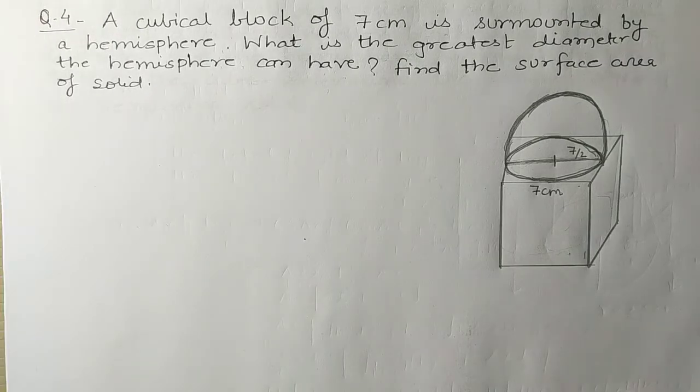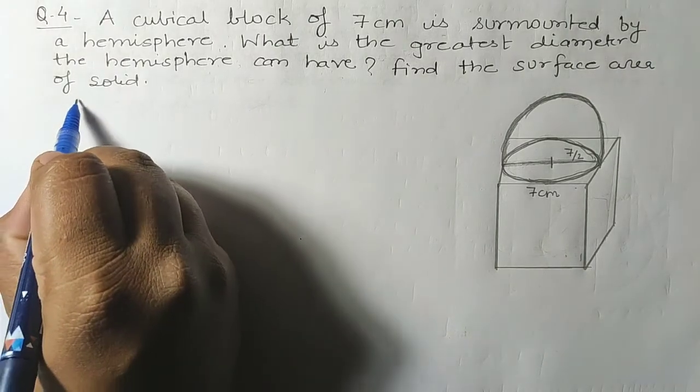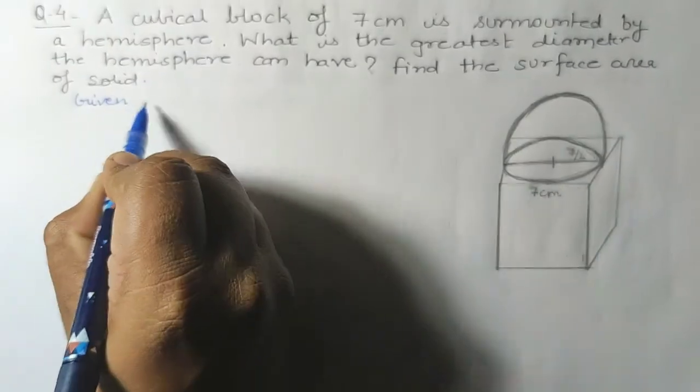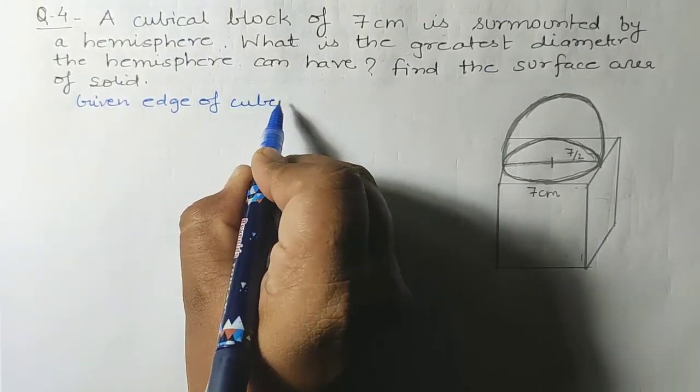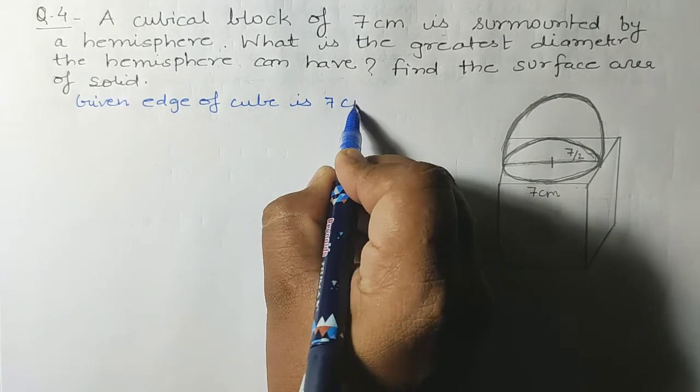So firstly in the solution we will write: given, edge of cube is 7 cm.